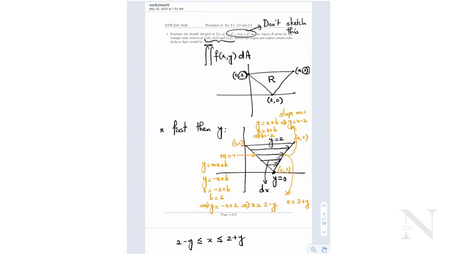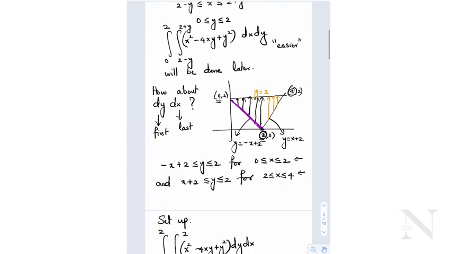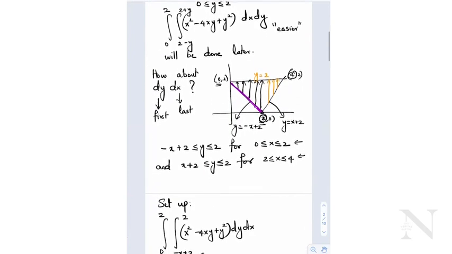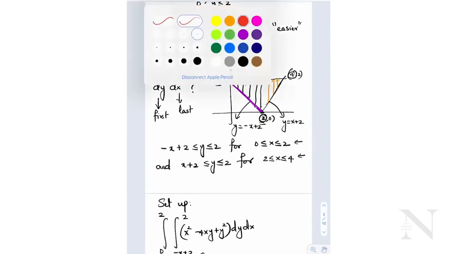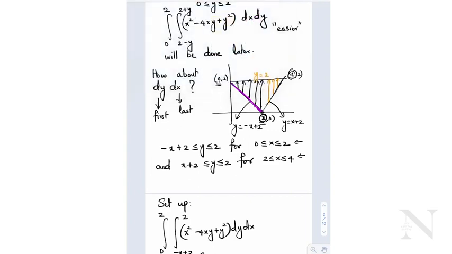For example, if you have this triangular region, going from left to right only takes one double integral, while going from top to bottom or bottom to top takes two double integrals because of the way the triangle is based. The purple line has its set of double integrals, and the blue line has a different set of double integrals.